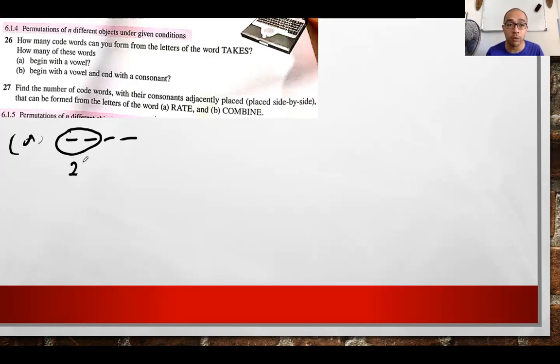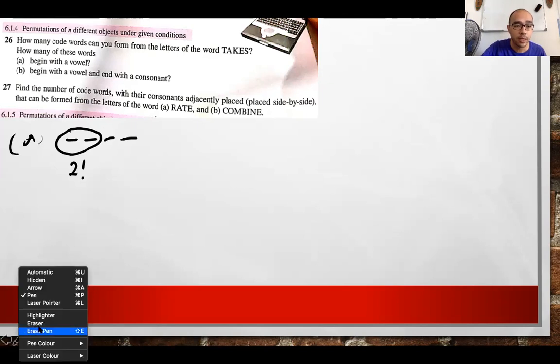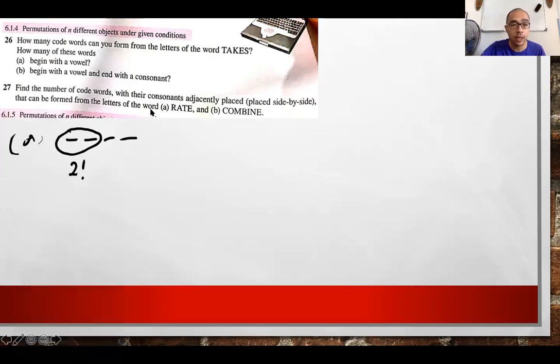So we're talking about a 2 factorial over here. And then if I group this as 1, I have 1, 2, 3 things that we need to permutate around. So this will give us 3 factorial.